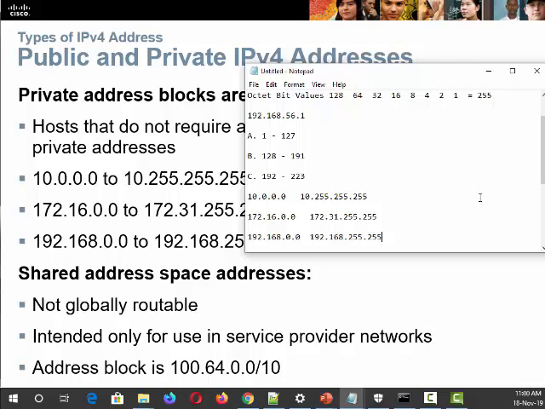Any other one apart from all those ones is either a public IP address that can be assigned by an internet service provider, or it is one of the reserved addresses. For instance, in that class A, the entire 127 is reserved.